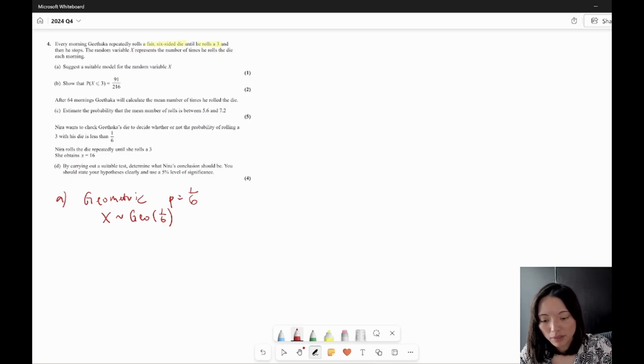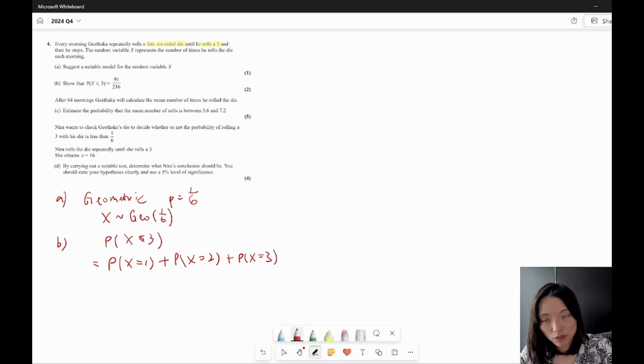So that's part A. Part B, working out the probability of X less than or equal to 3. Now, there are two ways to do this. The slightly long-winded way, as you might know, is P of X equals 1, plus P of X equals 2, plus P of X equals 3.